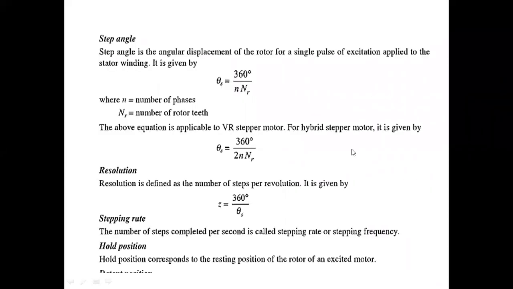Before going to that, some of the definitions we observe, of a step angle. What is the step angle? It is the angular displacement of the rotor on excitation applied to the stator winding.